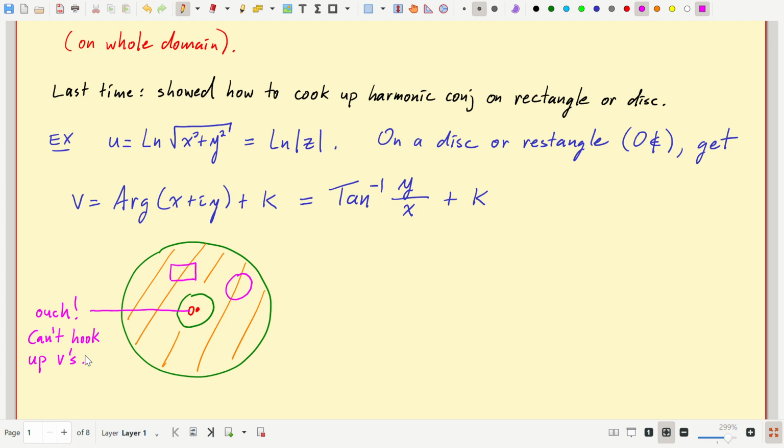Is it minus pi or is it plus pi? If you look at the graph of the arg, it's minus pi when you're coming at it from the bottom, and it's plus pi when you're coming at it from the top. And so they don't hook up there. They have a jump, a discontinuity. And so that certainly is not harmonic if it's not even differentiable. In fact, not even defined at the jump. So that's a hang-up.